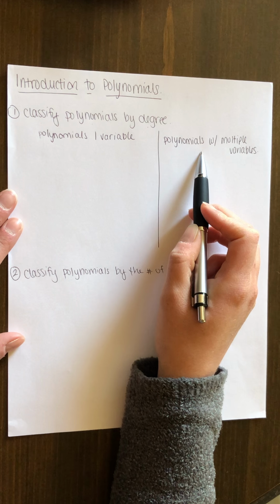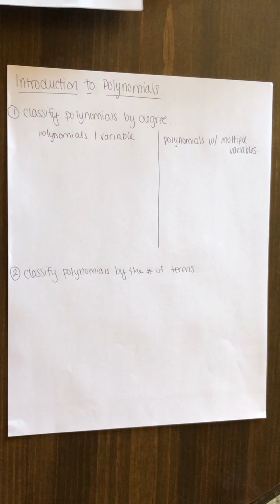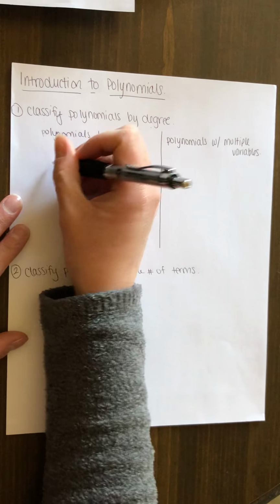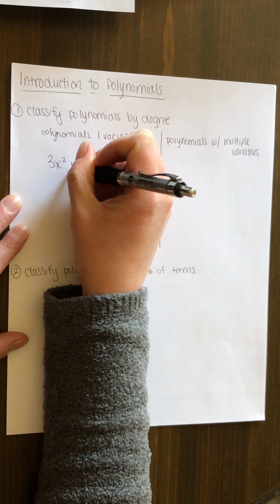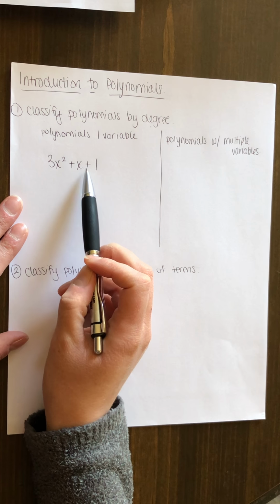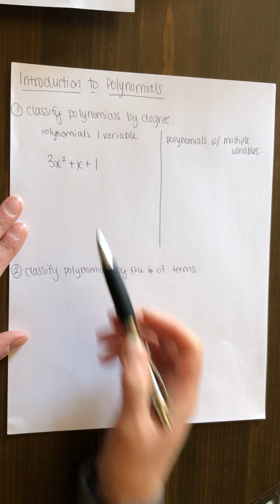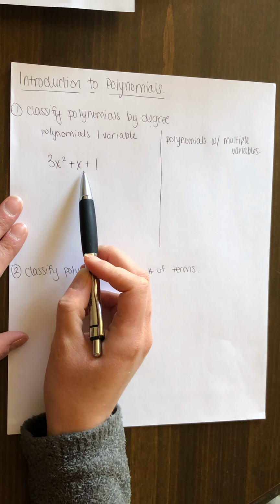So, for example, what I mean by a polynomial in one variable is something like this, where the only letter that I see is X. There's an X here, but I don't have any other letters. So there's one letter, one variable.